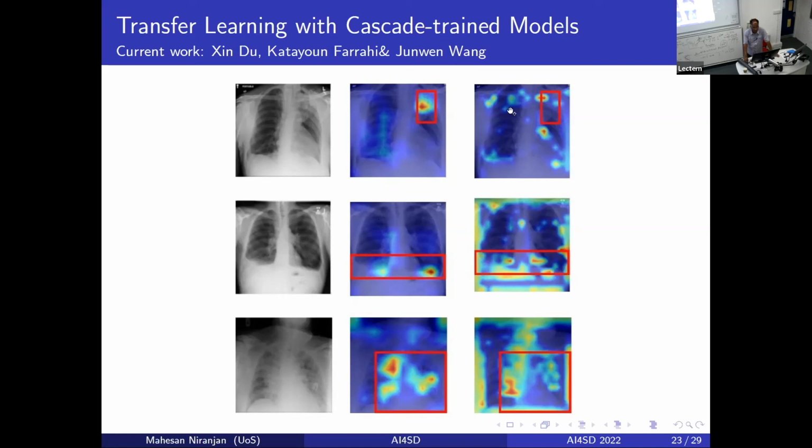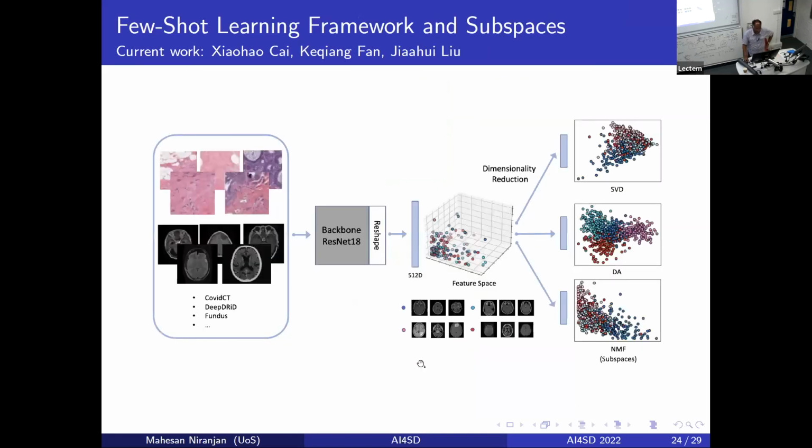So these boxes are given to us. And if you train end to end, you're throwing features all over the place in order to be able to make that prediction. In training layer by layer, we can pull out very localized features that seem to match what the clinicians seem to be looking at. So I think I need to stop there.